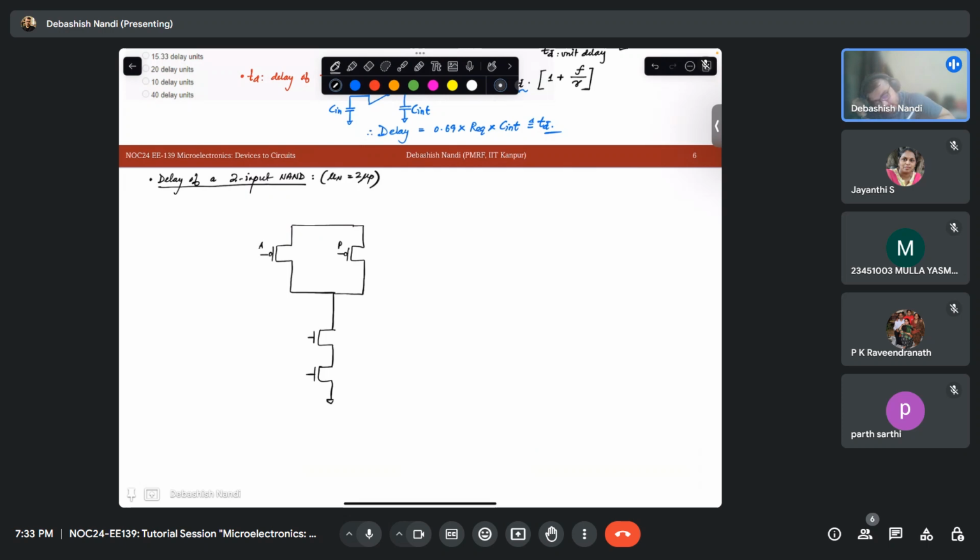This is A, this is B, this is A, this is B, this is F, this is VDD. So what about the sizing? Can you quickly tell me what the sizing is?